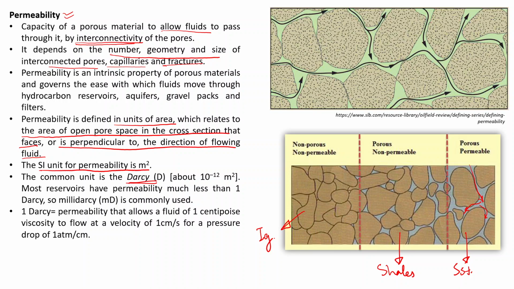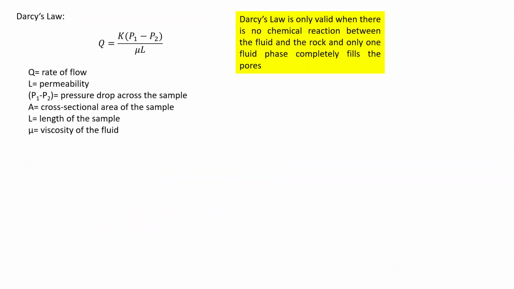It has been found that most reservoirs have much lower permeability, less than 1 Darcy, so the milli-Darcy term is commonly used. 1 Darcy is defined as the permeability that allows a fluid of 1 centipoise viscosity to flow at a velocity of 1 centimeter per second for a pressure drop of 1 atmosphere per centimeter. This is how 1 Darcy is defined.